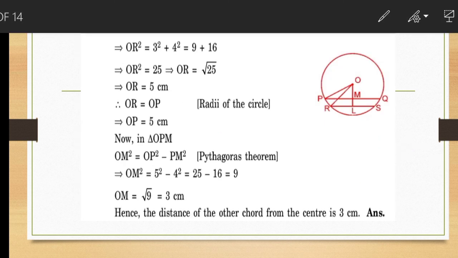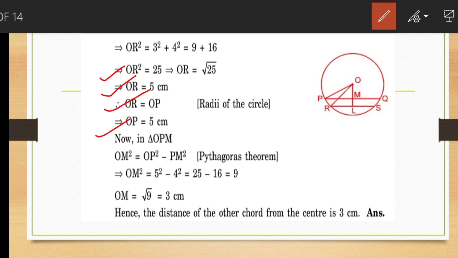So OR square is equal to 3 square plus 4 square, that is 9 plus 16, which is 25. So OR will be 5. There exists only one circle, so the radii will be the same. So OR is equal to OP, so OP is also 5.